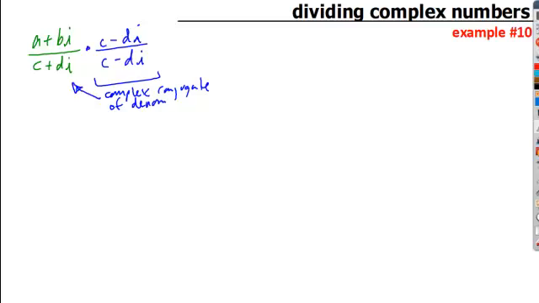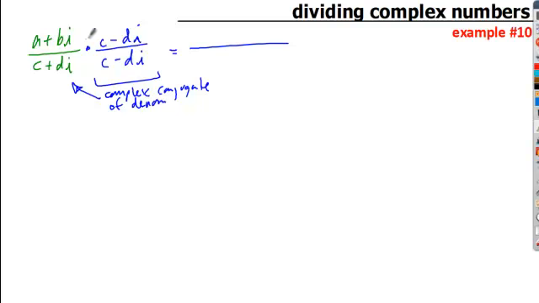And what this is going to do is eliminate the imaginary unit i from our denominator. Now, it might still remain in the numerator, and that's fine, but we're getting rid of it as far as simplified rational form. You can't have radicals in the denominator. You can't have imaginary units in the denominator. And you need to use the complex conjugates to get rid of those.